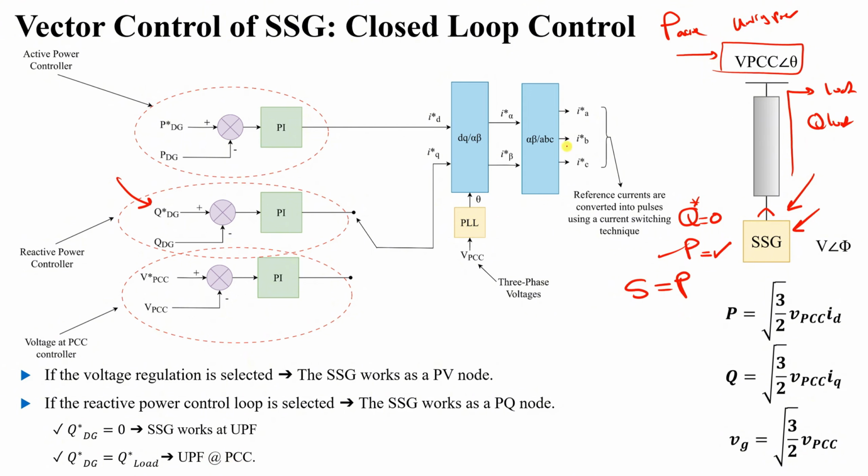Because we don't take any reactive power, we only take active power from the grid. However, this will make the power needed from the static synchronous generator active power plus Q of the load. Making our S equal to root of P square plus Q square, making it higher, which means we will need a higher cost static synchronous generator to achieve both active and reactive power.